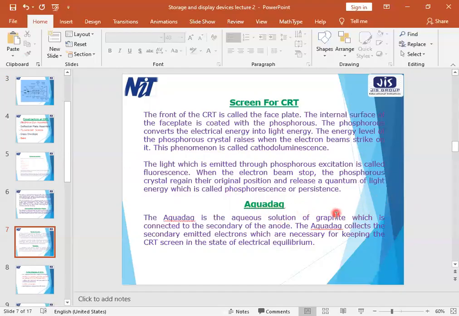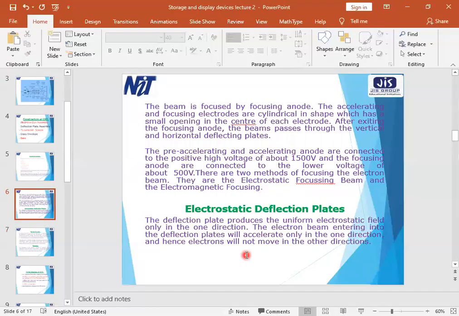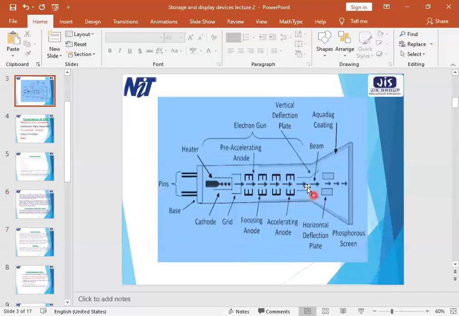Now, aquadag, this is a very important thing. I told you that a layer of aquadag, that is an aqueous solution of graphite, is connected to the secondary of the anode. So aquadag collects the secondary emitted electrons which are necessary for keeping the CRT screen in the state of electrical equilibrium. You see, the aquadag layer is there.